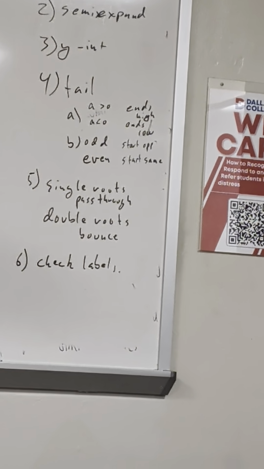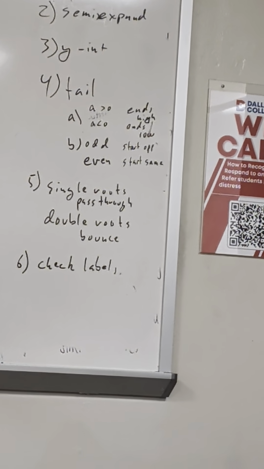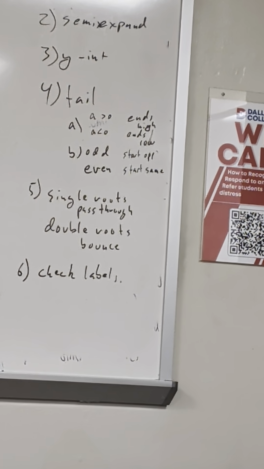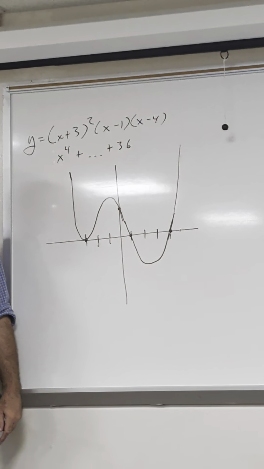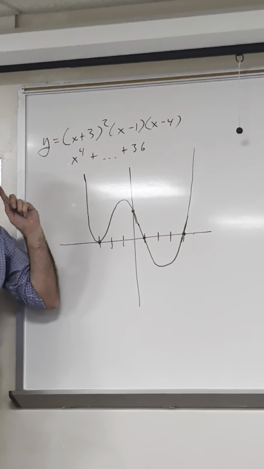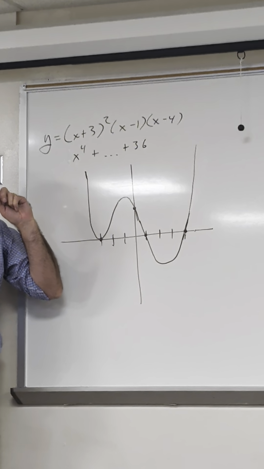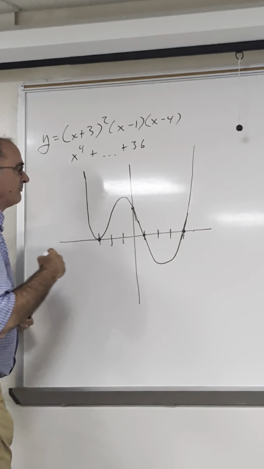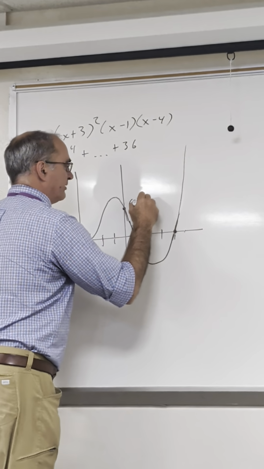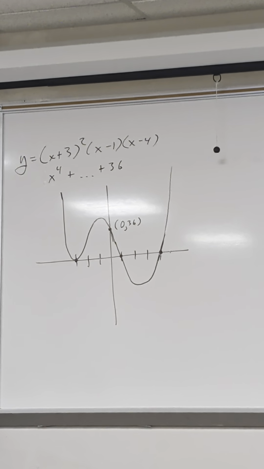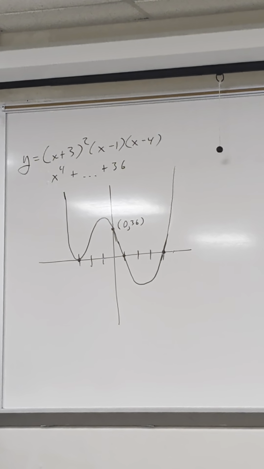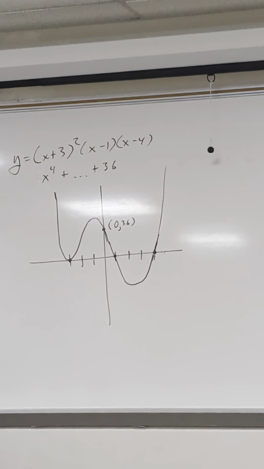Anything in the field, anything in one of the 4 quadrants has to be labeled. And I am not going to make 36 tick marks. So the y-intercept has to be labeled. So this is going to be the point 0, 36. So that's the first one.